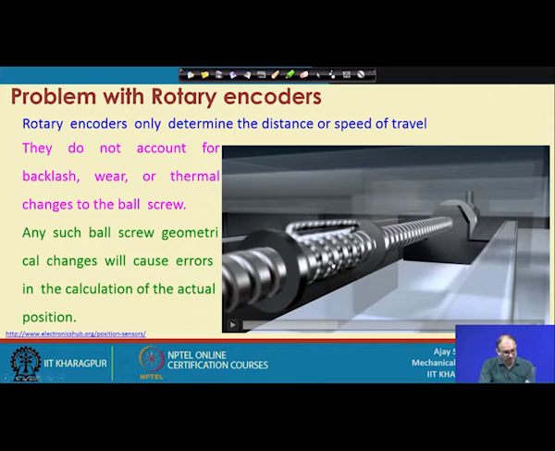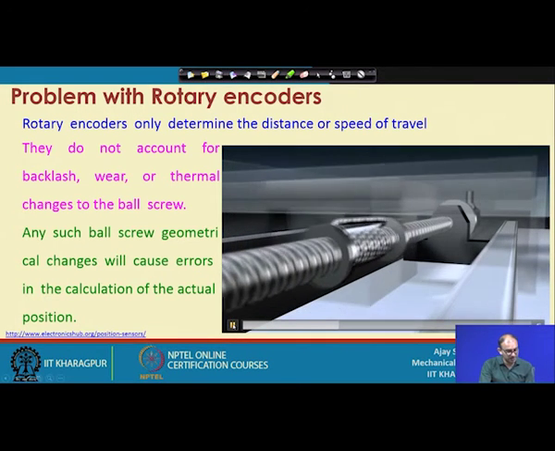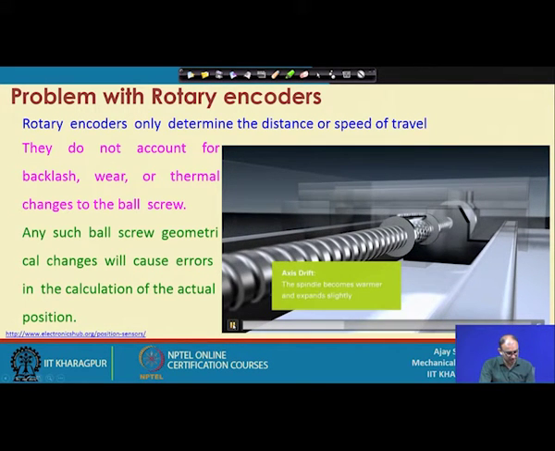But still, if you move this hundreds or thousands of times, then obviously there is heat generation, and that heat generation is enough to get some backlash here. So, what is the excess drift? That excess drift is because the spindle becomes warmer and expands slightly. We know there is a coefficient of thermal expansion of each and every material. So, if you heat that particular component beyond a certain limit, then there is expansion of that material. So, the shaft will expand slightly.